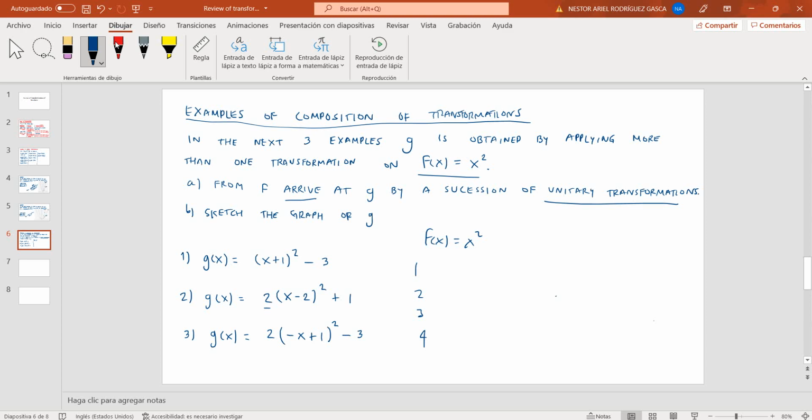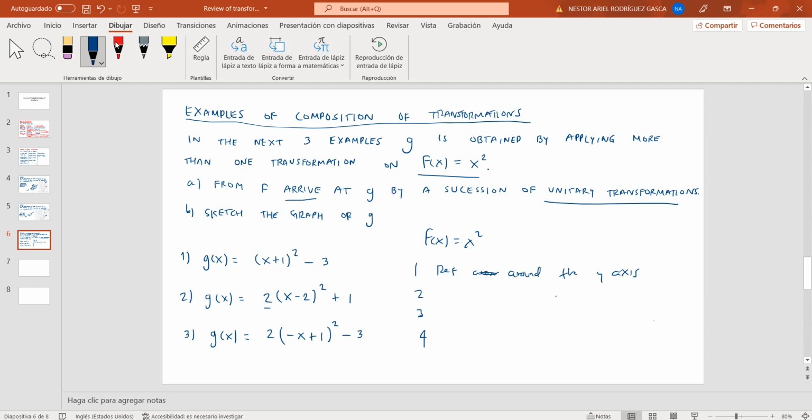First, it's a reflection around the y-axis. That's what's happening.